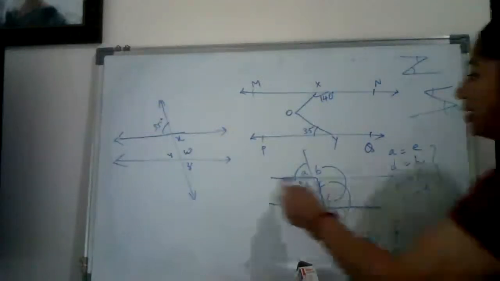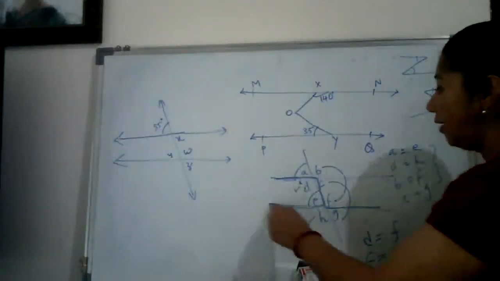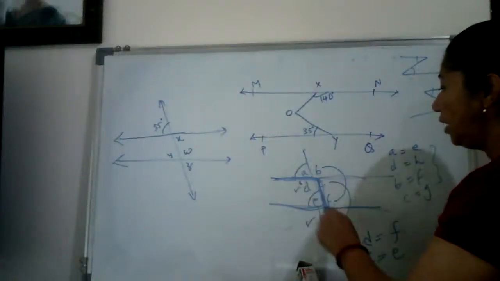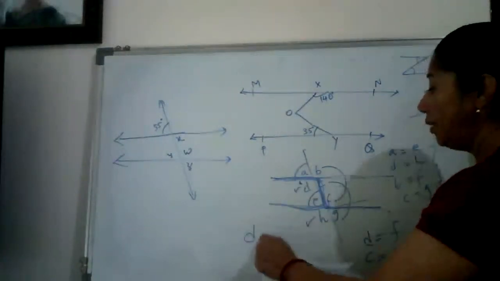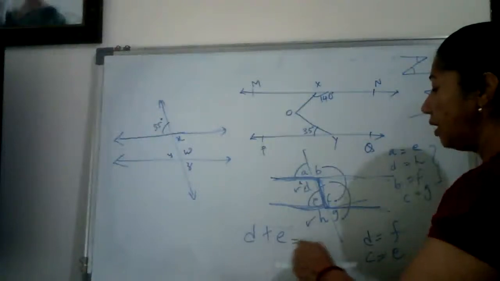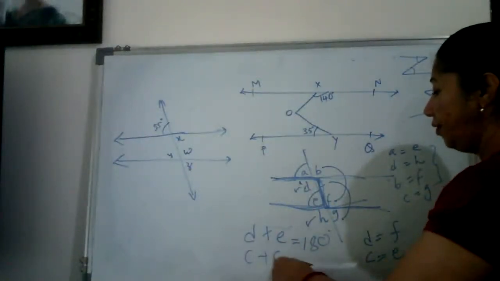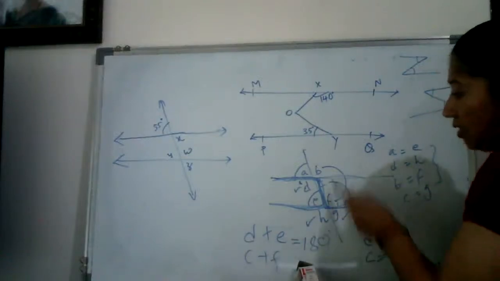And lastly, interior angles. Inside, between 2 parallel lines, D with E and C with F, and their sum is 180 degrees. You could see here C and F inside.